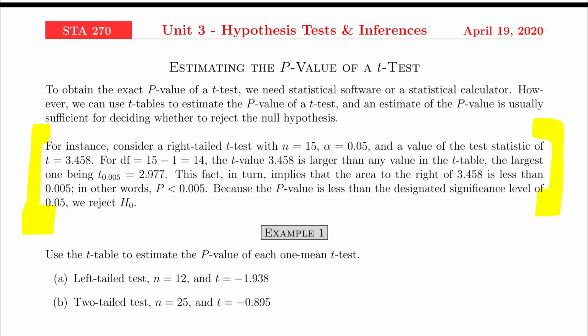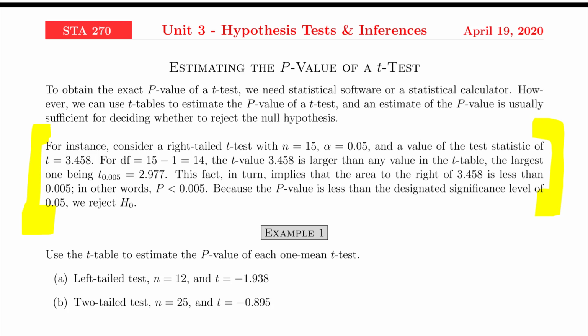The largest t value on the table is 2.977, which corresponds to alpha 0.005. And this in fact implies that the area to the right of 3.458 is less than 0.005. So in other words, our p-value is going to be less than 0.005, and because that is less than our designated significance level of 0.05, we can reject H naught, our null hypothesis.